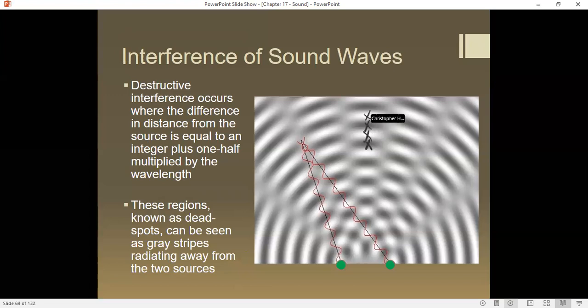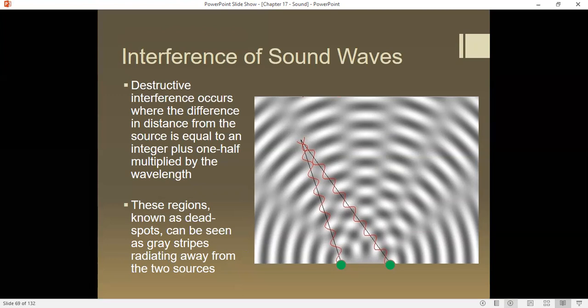These are all corresponding to essentially constructive interference, where the sound is going to be louder. But along these lines right here, there are these gray regions where there's going to be quite a bit of destructive interference for a particular wavelength. And that means certain frequencies are not going to be heard very well there.